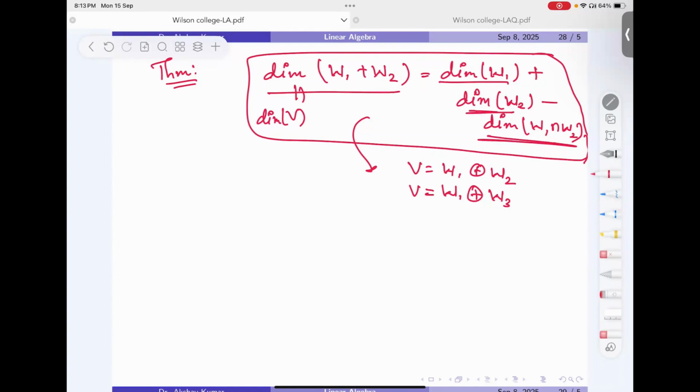So the dimension of W2 equals the dimension of V minus the dimension of W1, and it will be the same in both cases.